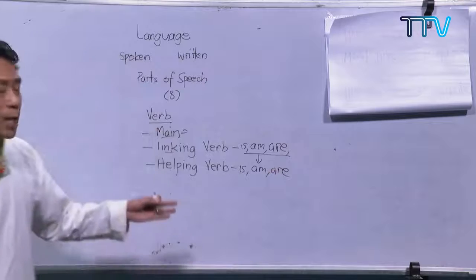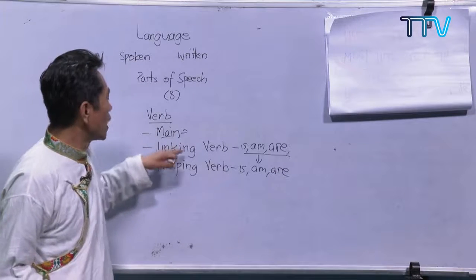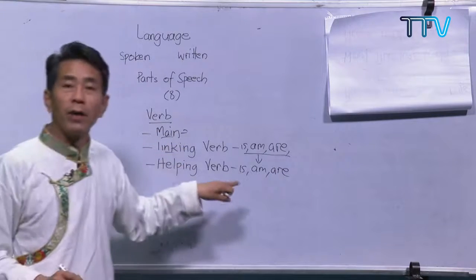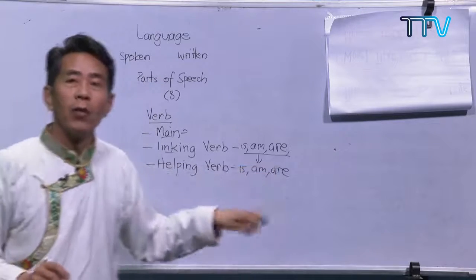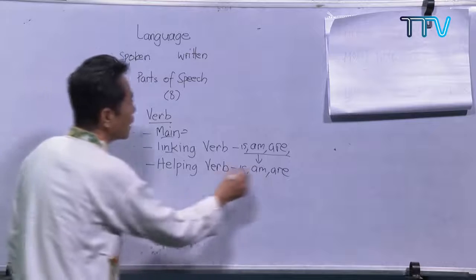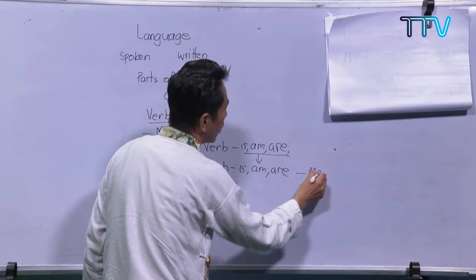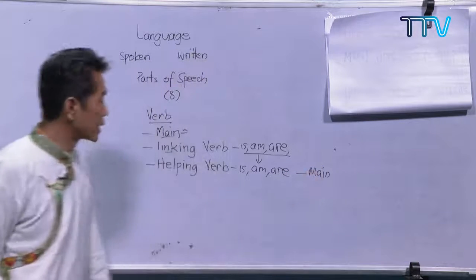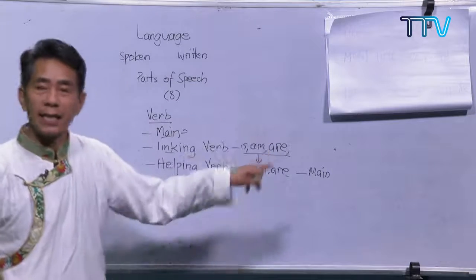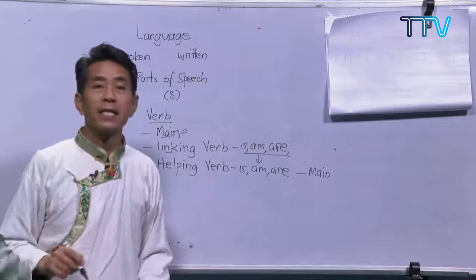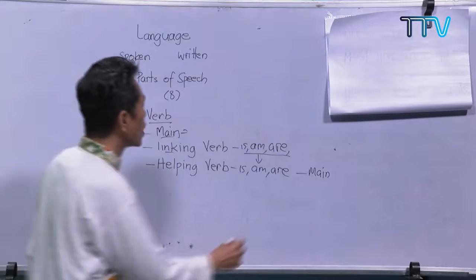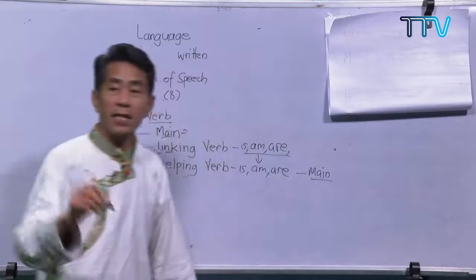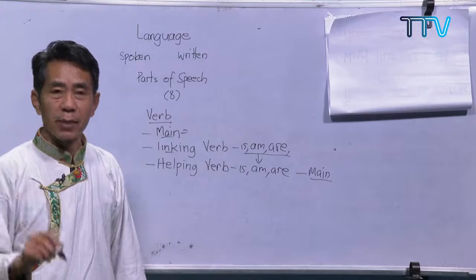The only difference is that whenever we use these as a helping verb, we have to keep in mind that there will be one main or principal verb. For example, Tashi is eating. Here, is is not a linking verb. Here is is a helping verb. Why? Because there is one main verb.